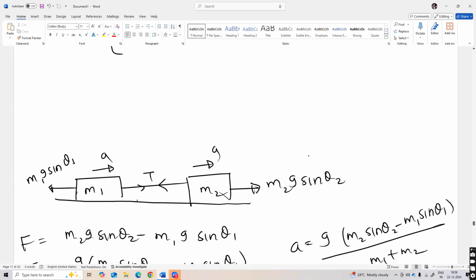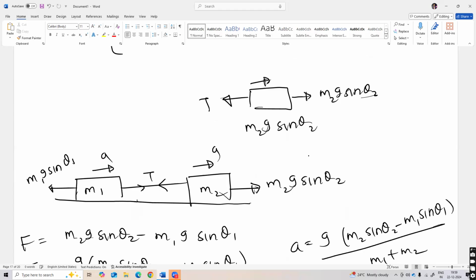So if we draw the FBD of mass 2, what we will get is force m2 g sin theta 2, T is in the opposite direction and acceleration is like this. So basically m2 g sin theta 2 minus T is equal to m2 times a.